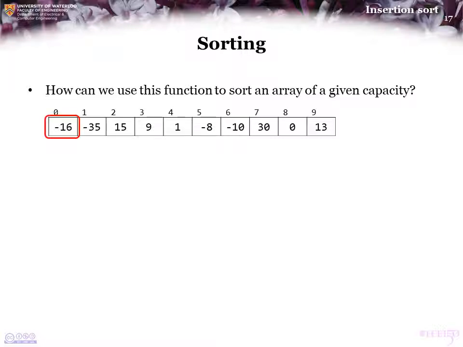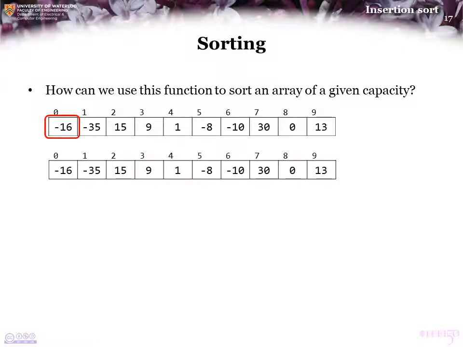Now, that first entry in the array is itself a sorted array of capacity 1. However, if we now consider the first two entries, we see that while the first entry is a sorted array, the second entry is out of place.